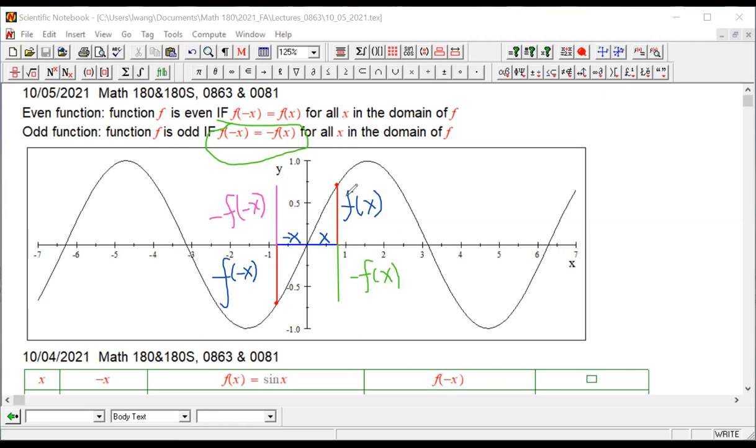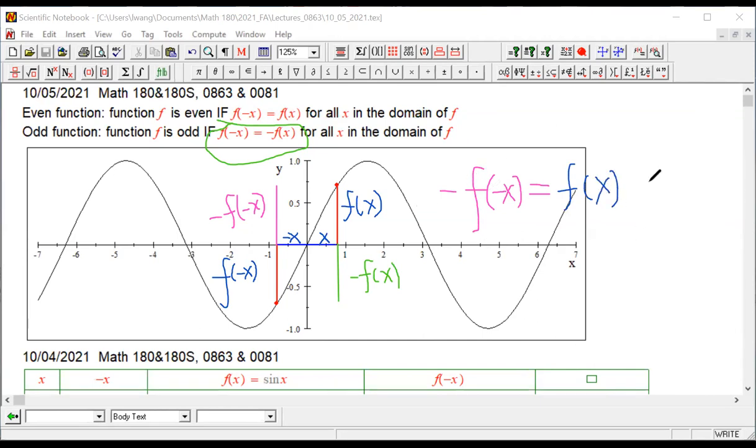So this time the purple and the red will be the same. If I am to write it down, it's negative of f of negative x, that's the algebraic expression, equals the blue, which is f of x.